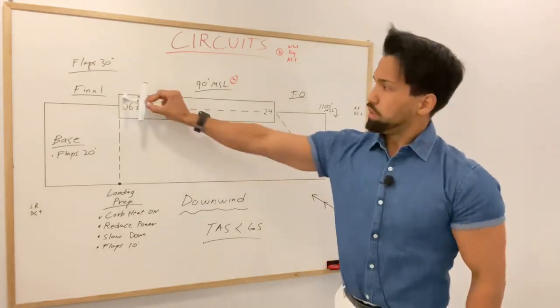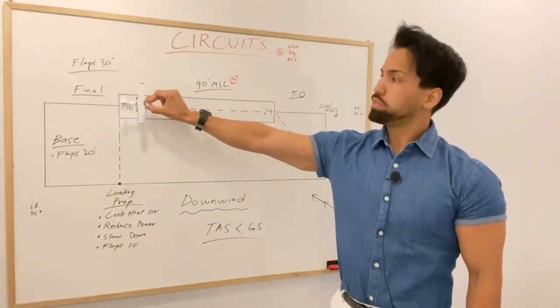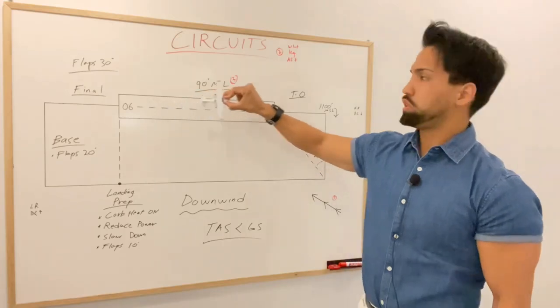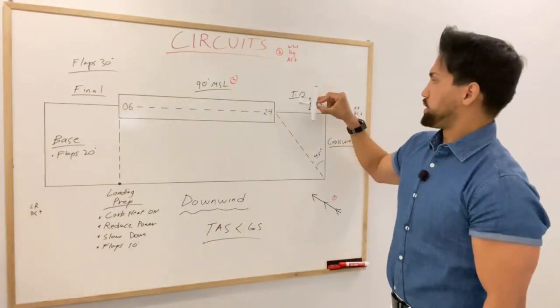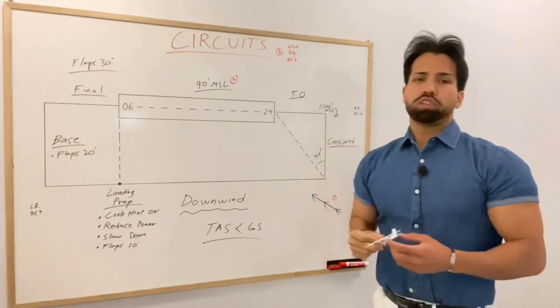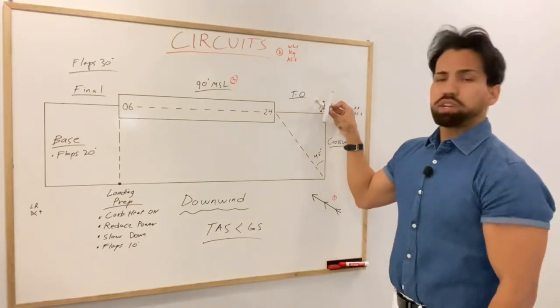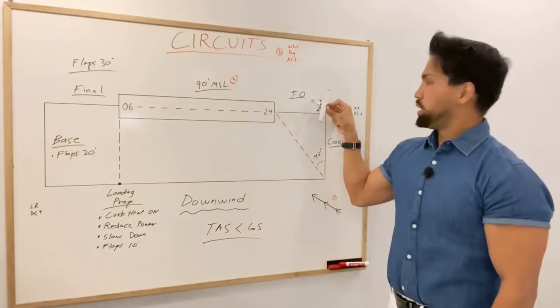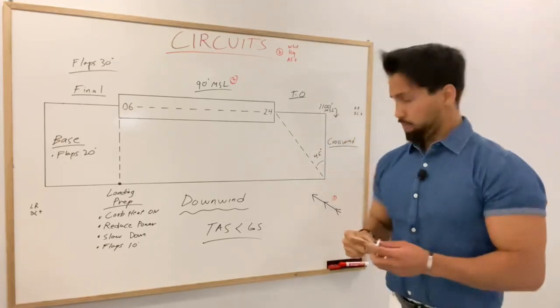So you're lined up on runway 06, you get the clearance for takeoff, and then you accelerate, you get airborne, and then you climb and climb and climb, and at some point you're going to reach your circuit altitude, okay? As you reach your circuit altitude, you level off the wings and then start your turn to the right onto crosswind, okay?